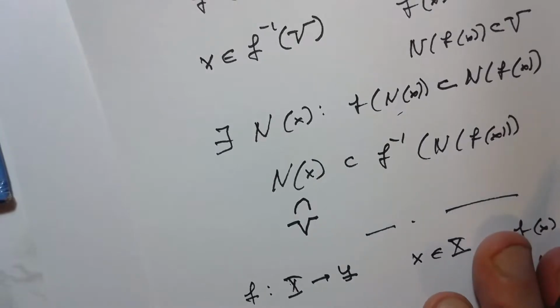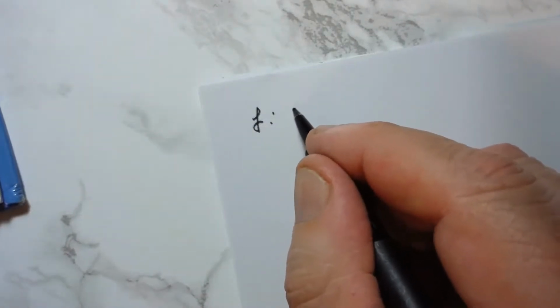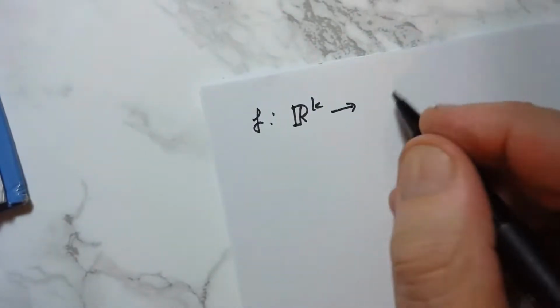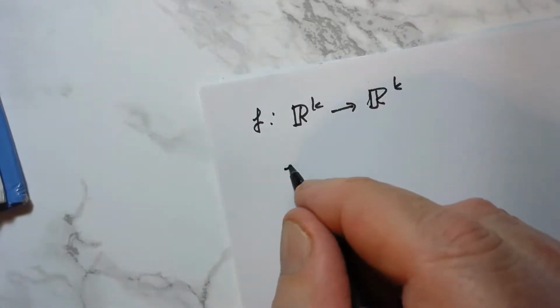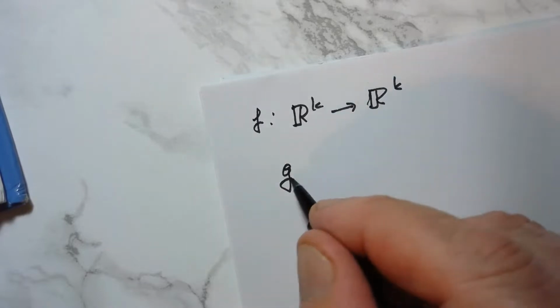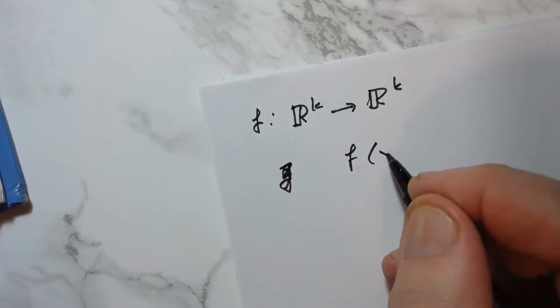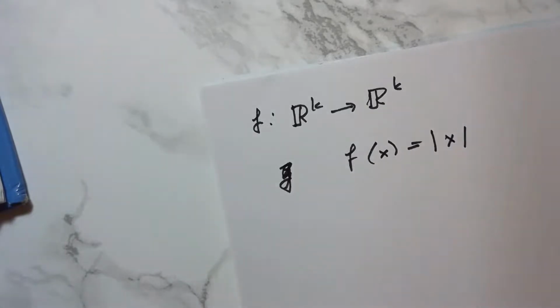Okay, just one more remark I see in Rudin here. So I'm going to make the same remark to you, that if I have a function f that maps, let's say, R^n or R^k into R^k, and the function f of a point x will be defined as the norm of x.